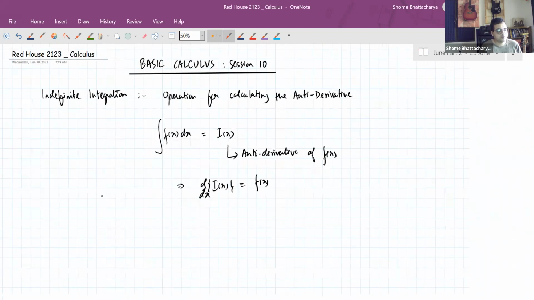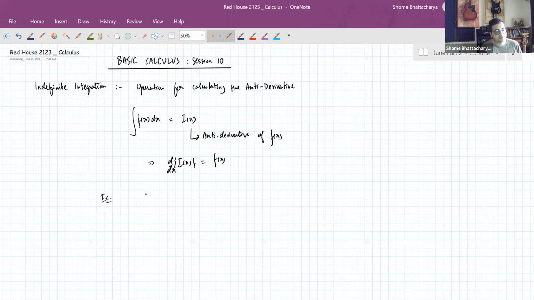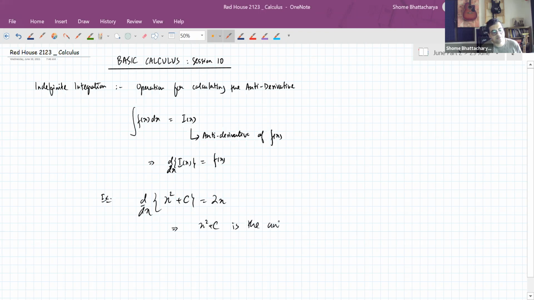For example, if we differentiate x square plus any constant, we get 2x. So that means x square plus c is the antiderivative of 2x.